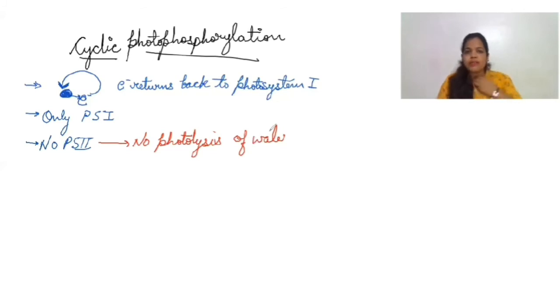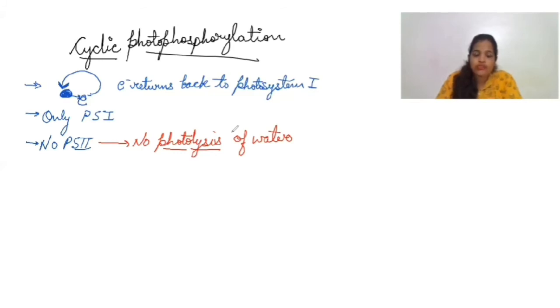Means what is not happening? The water molecule is not breaking by the help of light photons. Photo means light, lysis means breakdown. So breakdown of water molecule in the presence of light is not done in cyclic photophosphorylation because it does not have photosystem 2. And when no photolysis is done, what is the product not formed here?